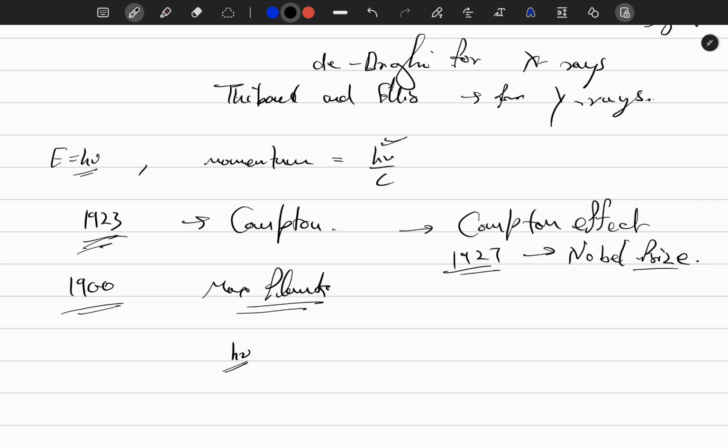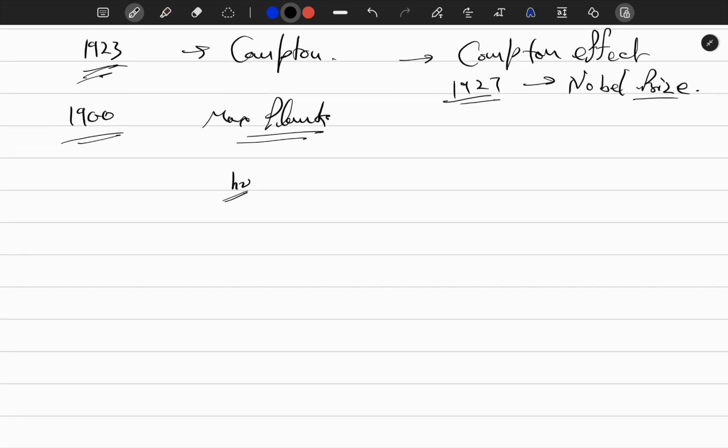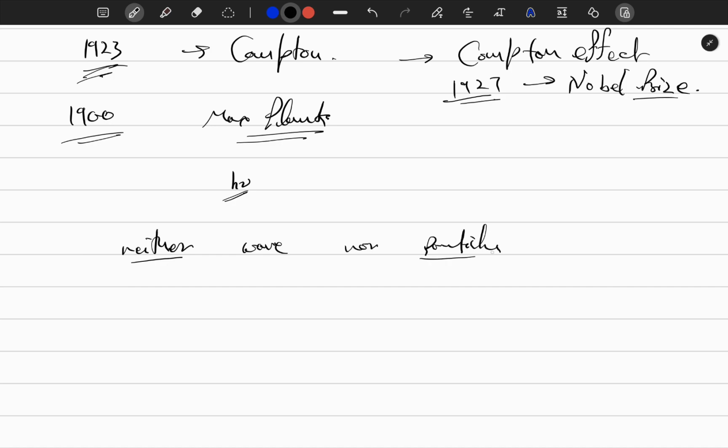So the question again is what light actually is. According to Richard Feynman, it is neither wave nor particle. It does what it does.